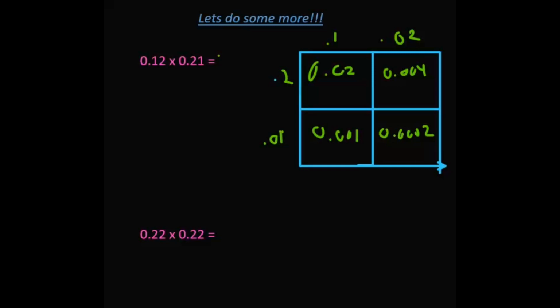Okay, so now let's add this 0.0002 to that 0.025. Okay, so now when we add 0.0002, it equals 0.0252. So 0 and 252 thousandths.